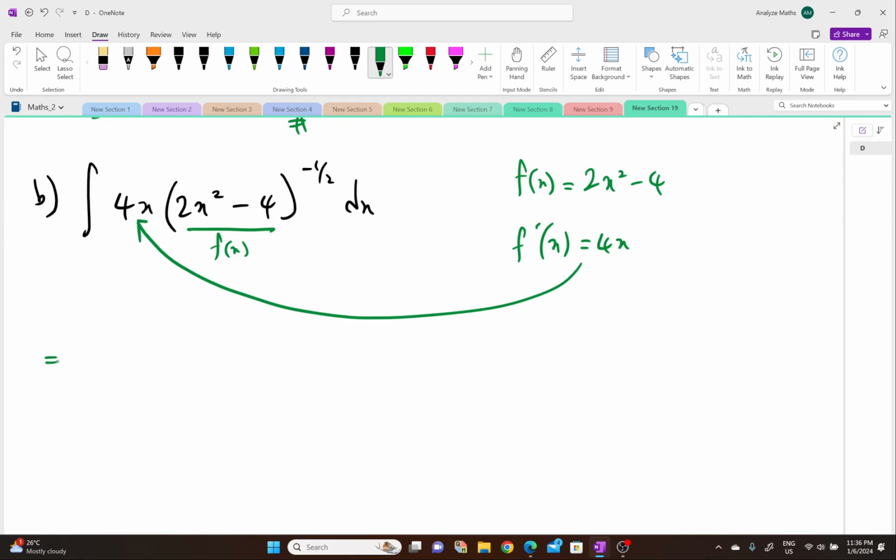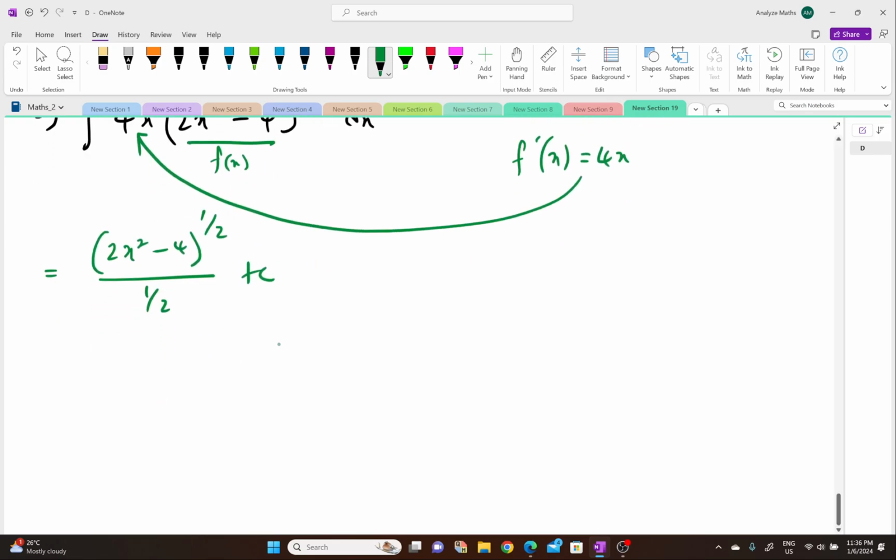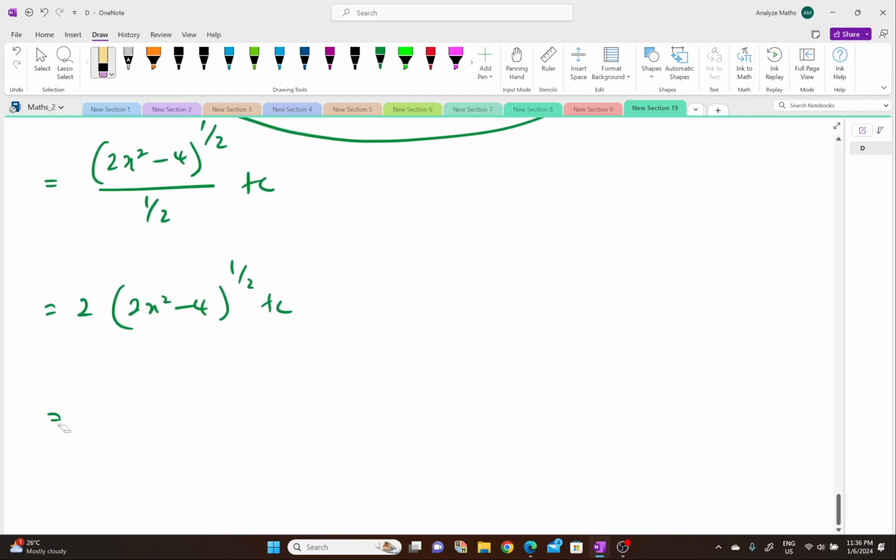You can see this is outside. So according to the rule, negative 1 over 2 plus 1 becomes 1 over 2, over 1 over 2, plus c. You can leave the answer like this, but the 1 over 2 we know is a square root, so this is much nicer to see. So I just leave it like this.